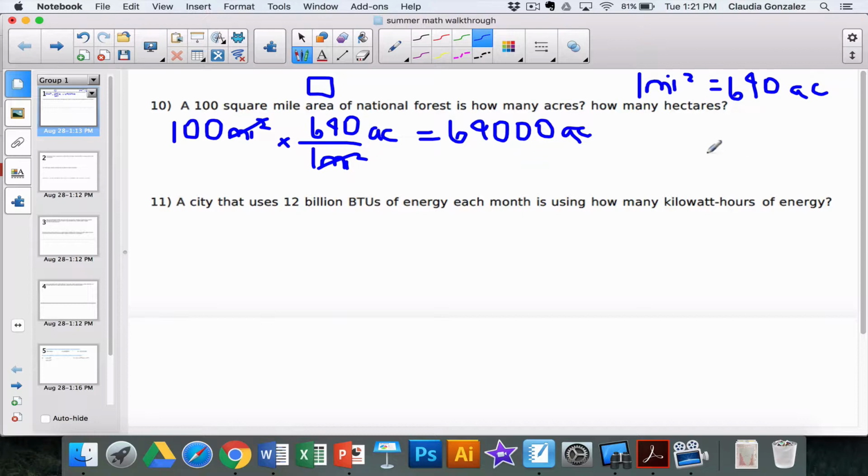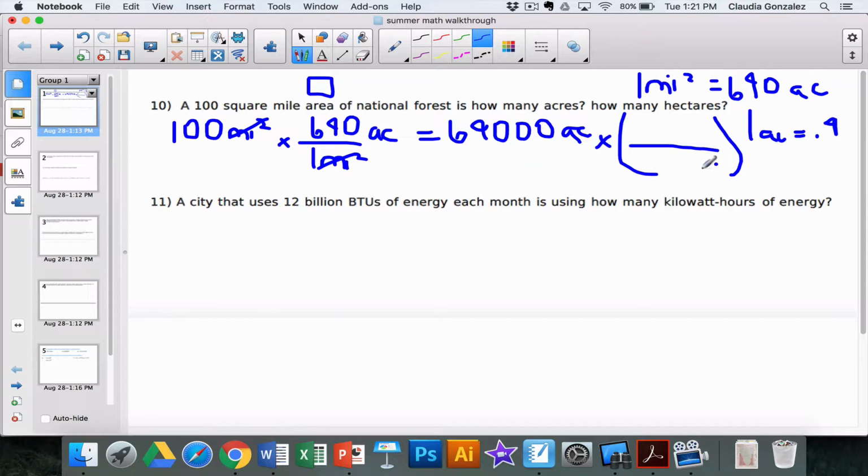Well, at the very bottom, there's an equality that says 1 acre equals 0.405 hectares. And I've run out of room, but you guys know that it's there. All right, so that's it. It's just that equality. I'm just going to multiply by that equality. I'll put parentheses in this one to stop making it so messy.